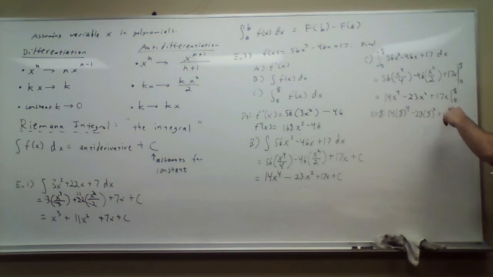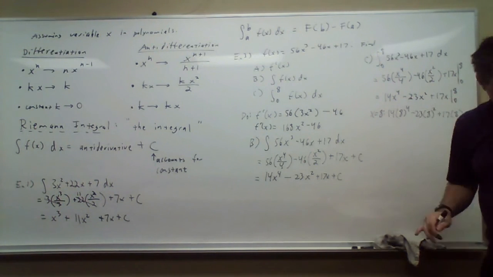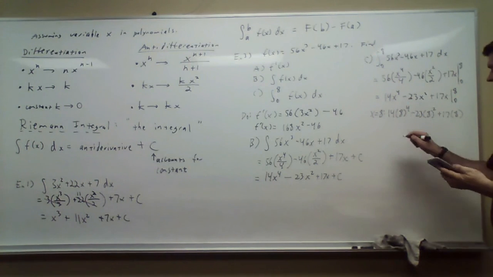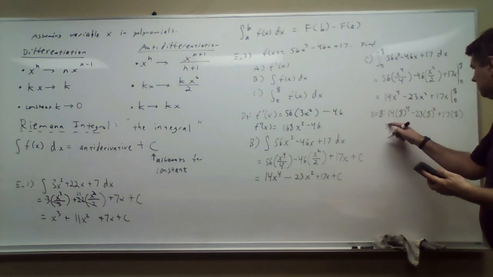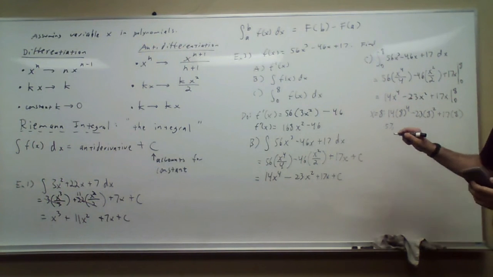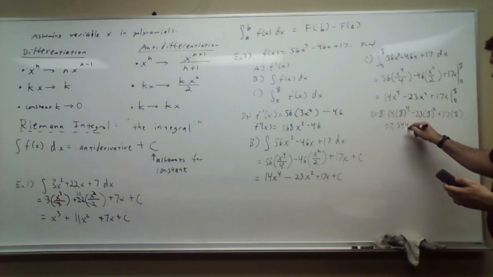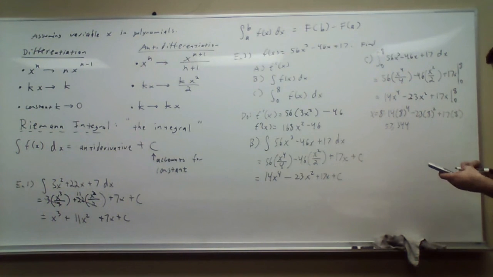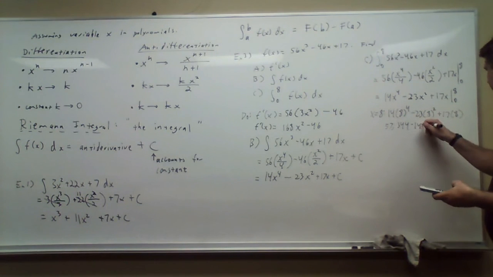So 8 to the fourth is 4,096 times 14, 57,344. 64 times 23 will give you minus 1472.